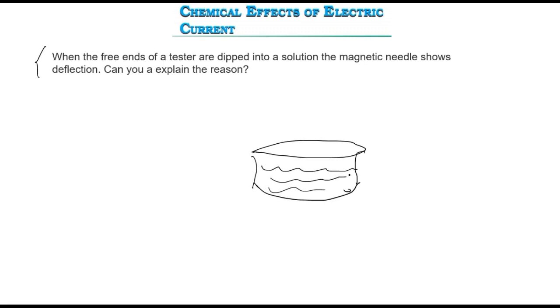Now to test whether it conducts electricity or not, we are going to put two terminals here, let's say two metal rods, right? And then we take a wire here and connect a cell or a battery. I am showing only one cell here, and then connect this terminal here. Okay, this is a positive and this is a negative one, right?